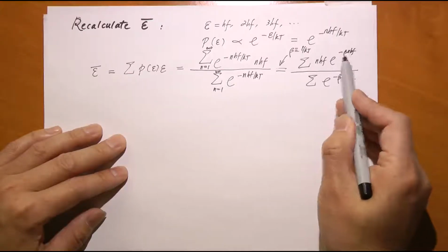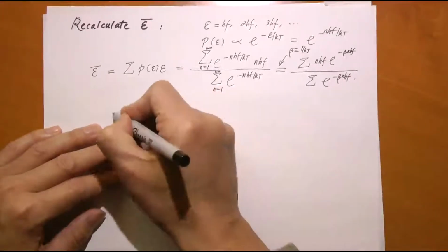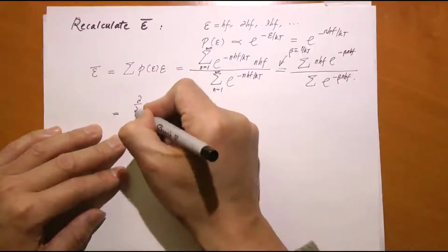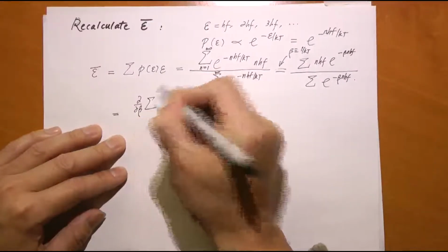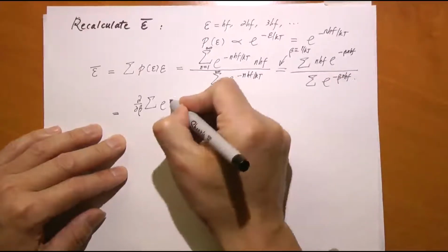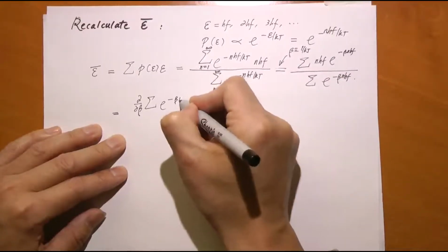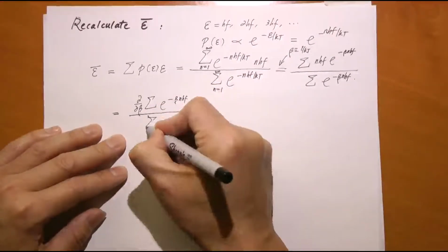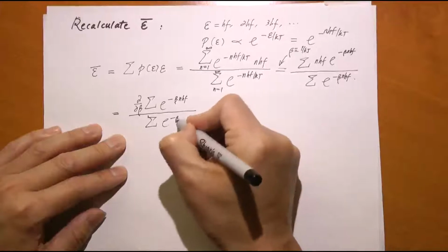When you do so, you get a negative nhf coming down. So let's do that. Let's do partial beta of this expression without nhf. So it's e to the negative beta nhf. That's the numerator. The denominator, I'm just going to copy it for now.